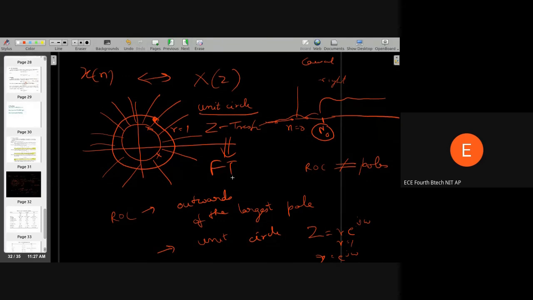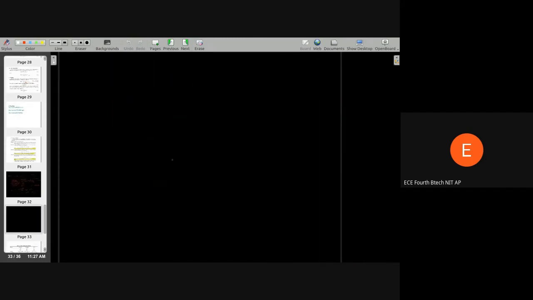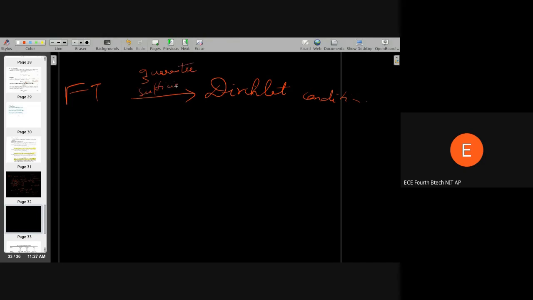I did not mention before, in order for Fourier transform to exist, there are a set of conditions called Dirichlet conditions. But this is a guarantee condition or sufficient condition. Fourier transform can also exist if these Dirichlet conditions are not satisfied.